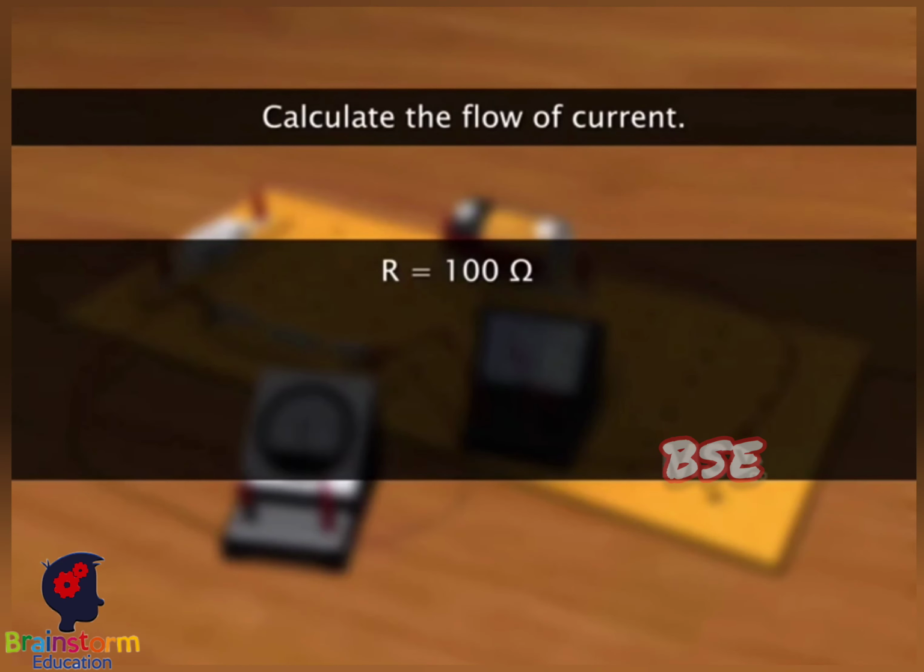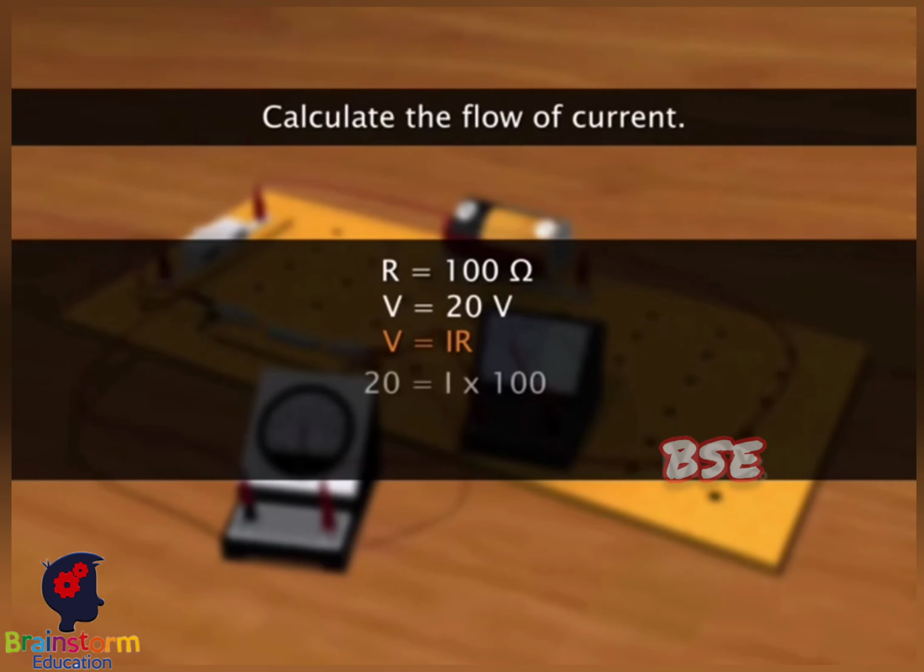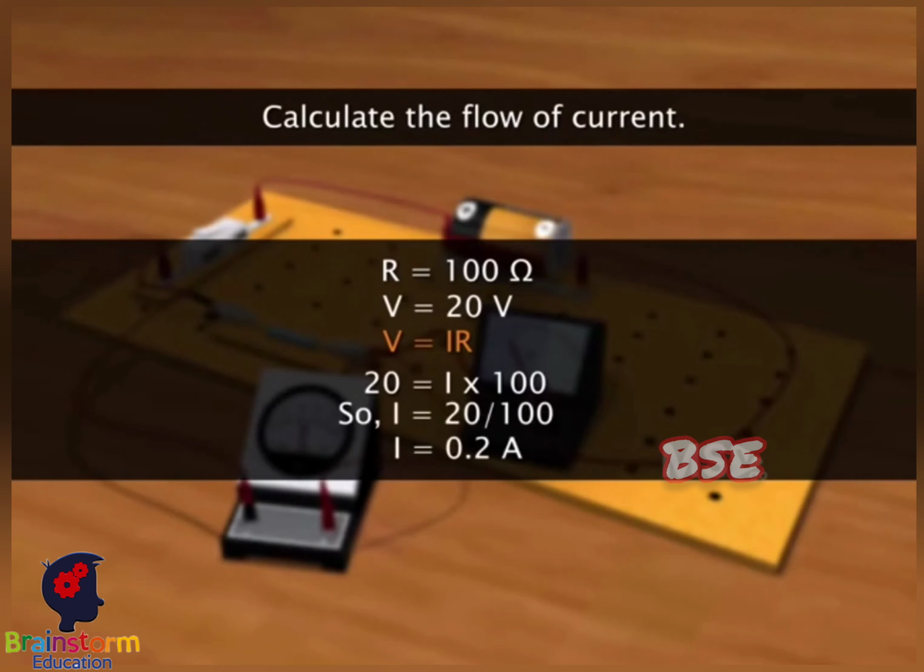We know the resistance and the voltage. By applying Ohm's law, we can find out the flow of current. By substituting the values, we get the current as 0.2 amperes.